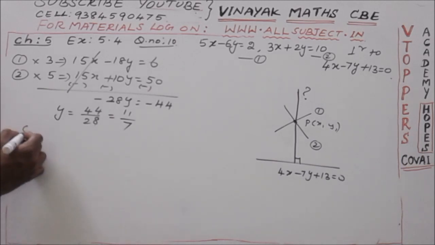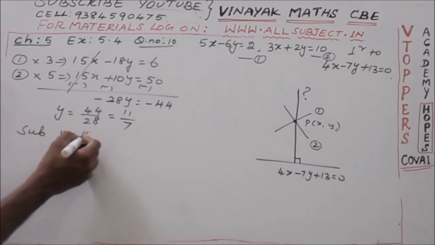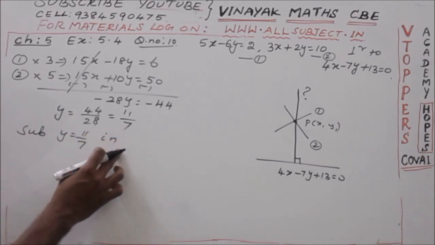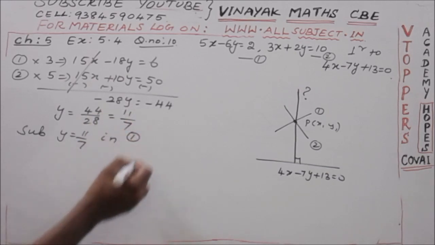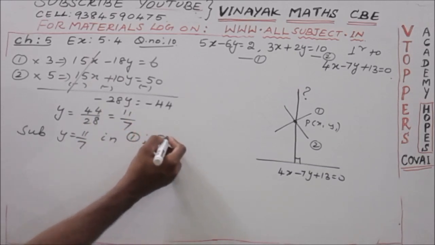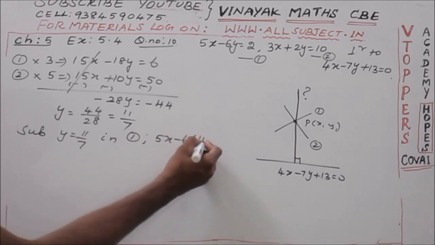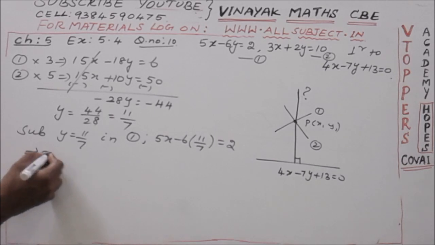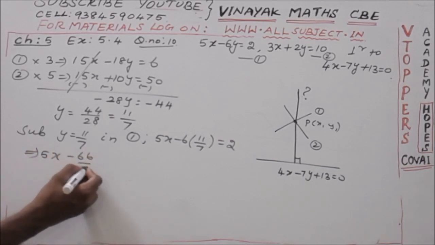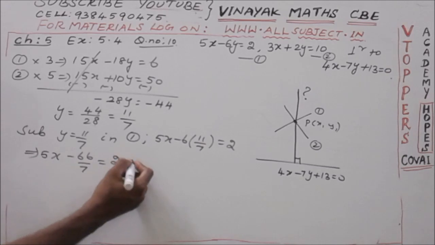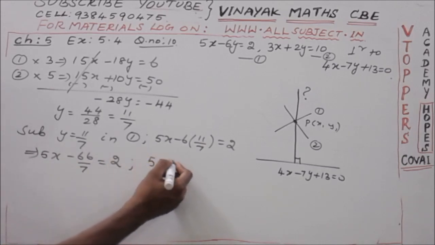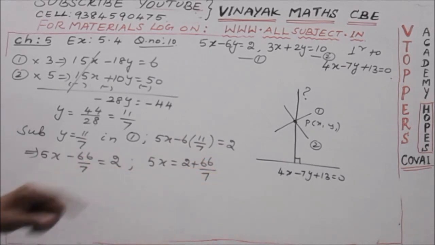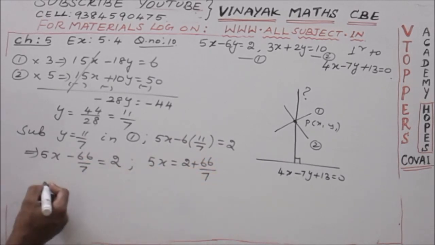Now substituting y equal to 11 by 7 in equation 1, we get 5x minus 6 into 11 by 7 equal to 2, which implies 5x minus 66 by 7 equal to 2, which implies 5x is equal to 2 plus 66 by 7, negative on the left becomes positive on the right side.